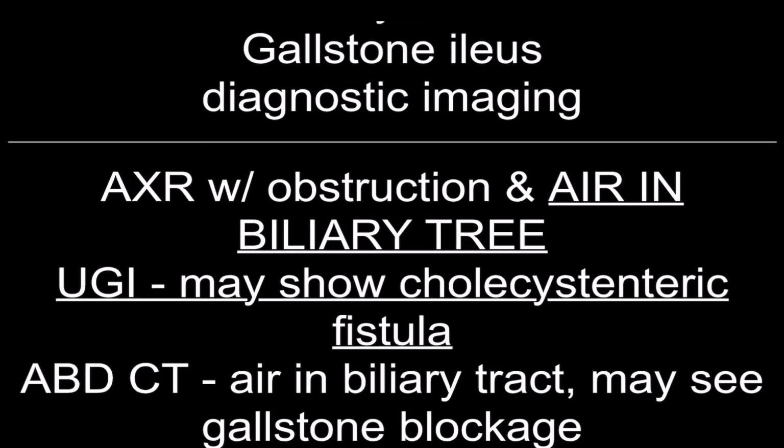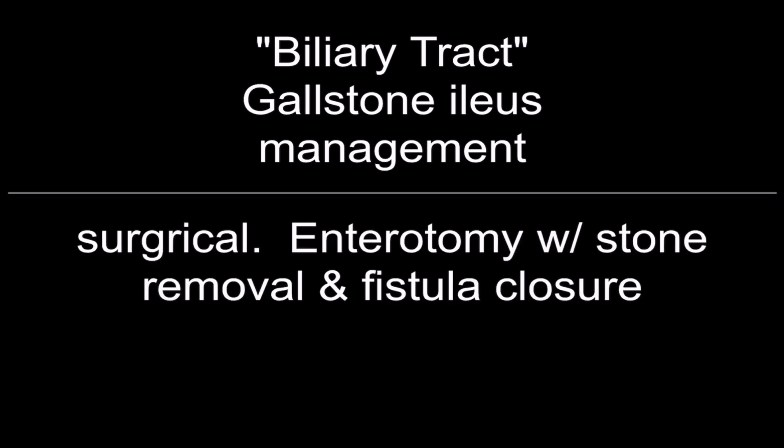AXR with obstruction and air in biliary tree. UGI may show cholecystenteric fistula. And abdominal CT, you see air in the biliary tract and may see gallstone blockage. Gallstone ileus management. Surgical. Enterotomy with stone removal and fistula closure.